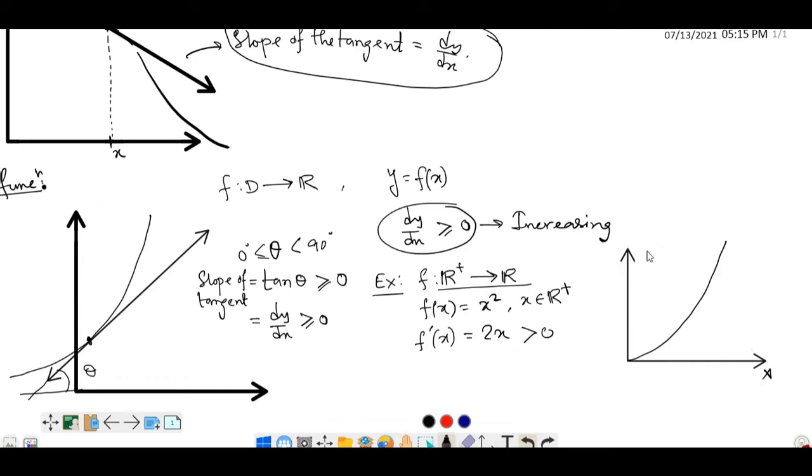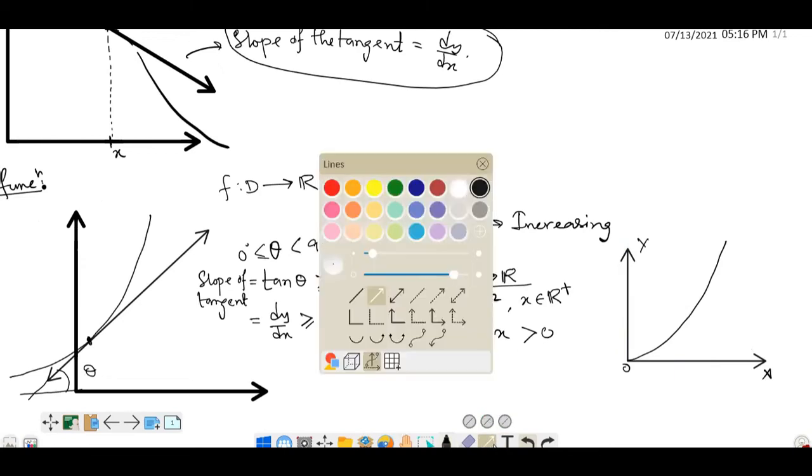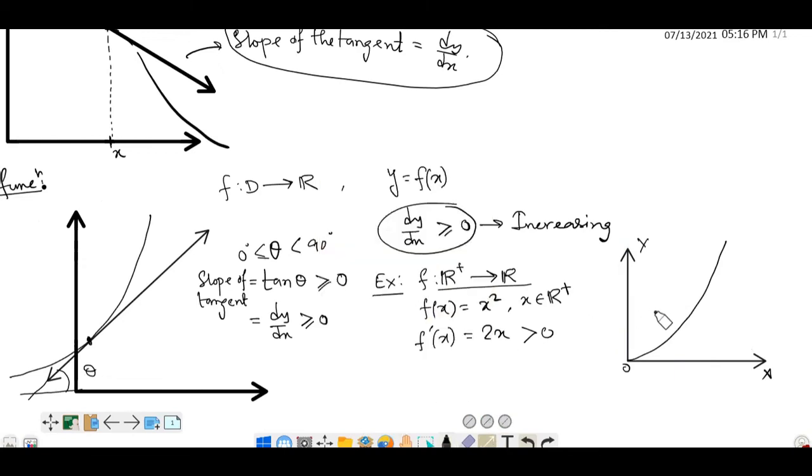This was the graph for x square, and you see a tangent at some point of this graph will always make an acute angle. That means the derivative is positive. The slope of the tangent is in the positive part.